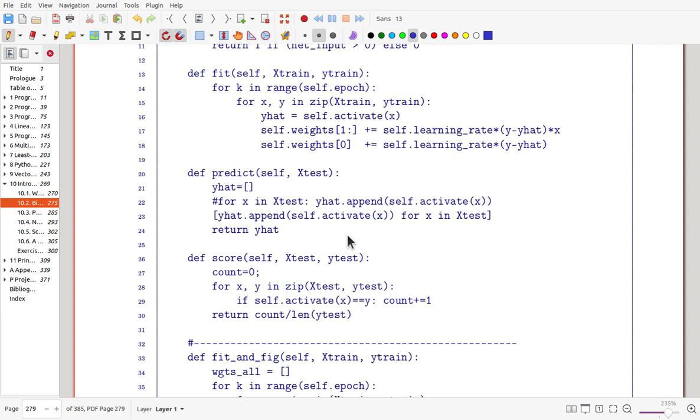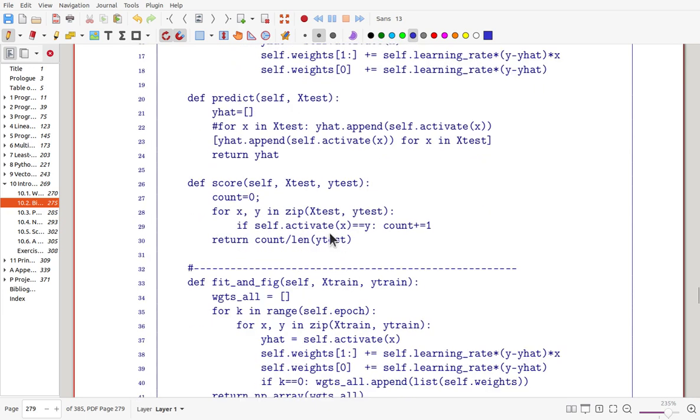You can write it in various ways. Also, this score function counts the correct answers, starting from 0. For each x, y in x test, y test, if the activation value is the same as the label value, we add 1 to the count.